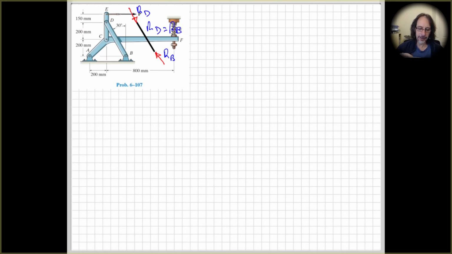And then acting on this vertical member, CDE, will be equal and opposite of RD. So that explains my choice of deciding to draw a free body diagram of the link CDE.